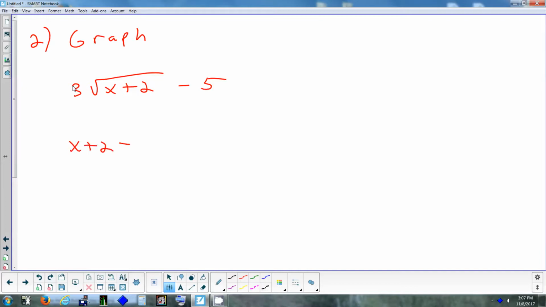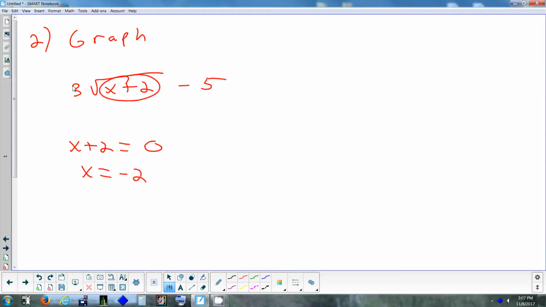So take the radicand, set it equal to 0, and solve it. So when you solve that, what do you get for x? Yeah, you get negative 2, which should make sense because if you had a point at the origin and you shifted it left 2, which is what that's doing, the point 0, 0 would move left 2.